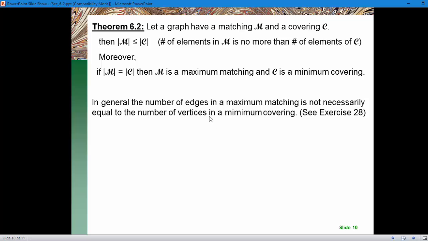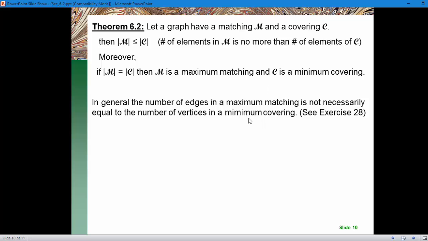It's like saying if it's raining, then the ground is wet. But the converse is not always true. If the ground is wet, it doesn't mean that it's raining, right? It could be someone using a hose to wet the ground. So it's a conditional statement, and the converse is not always true.